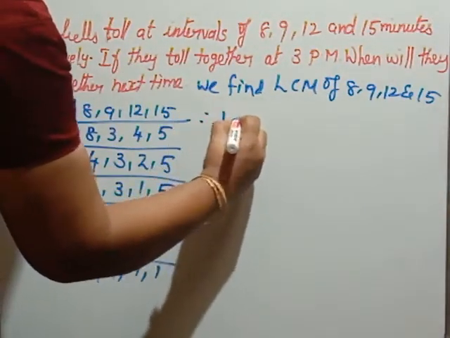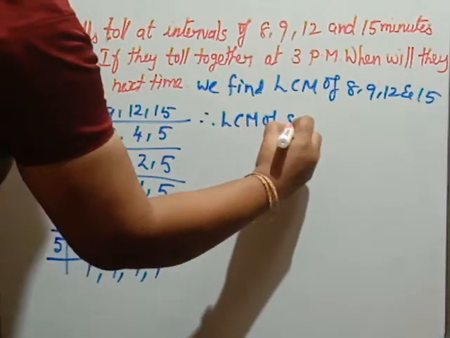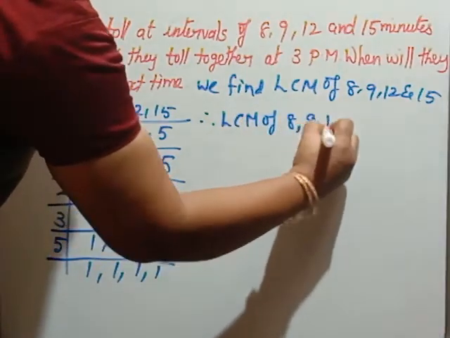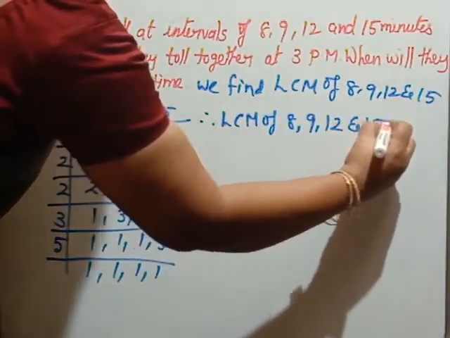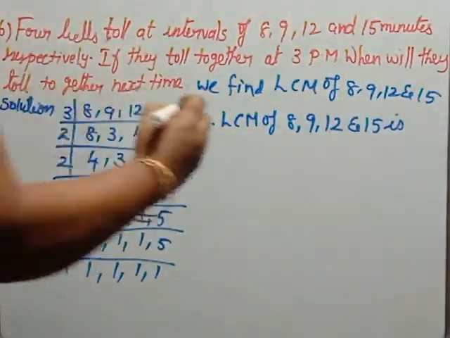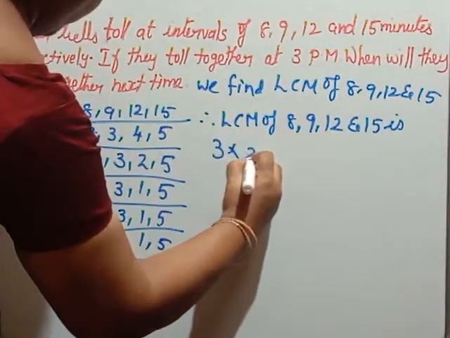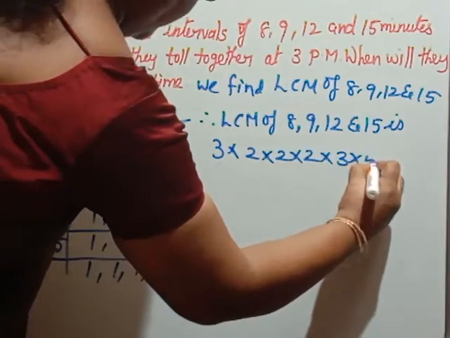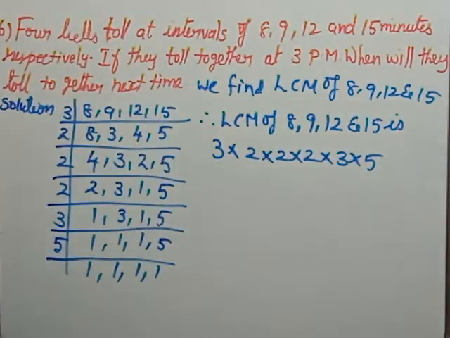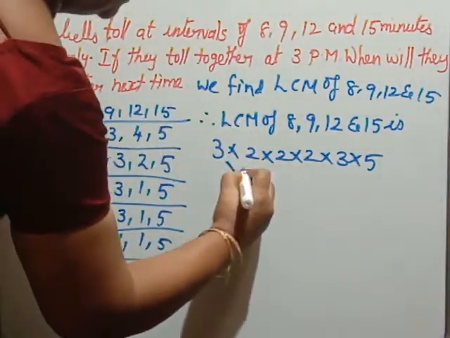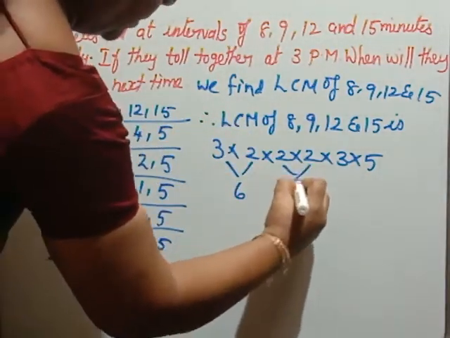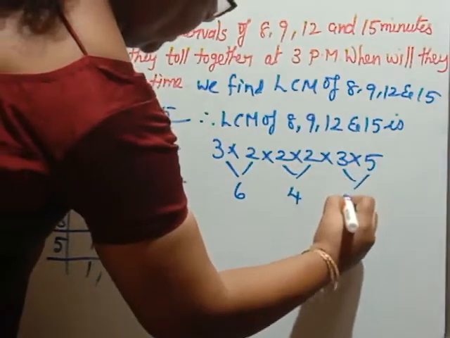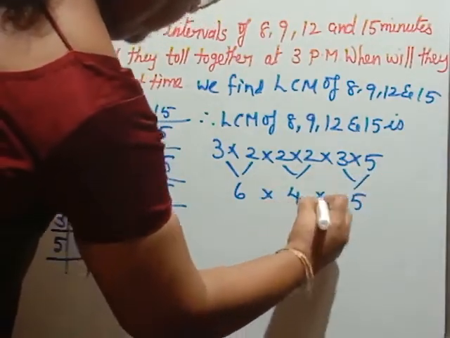Therefore, LCM of 8, 9, 12 and 15 is 3 into 2 into 2 into 2 into 3 into 5. Isn't it? Yes. Now we will multiply. 3 2s are 6, 2 2s are 4, 3 5s are 15.